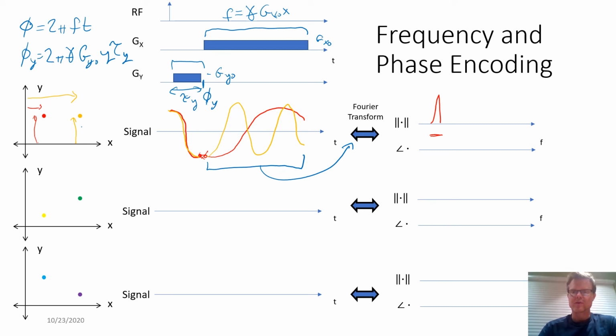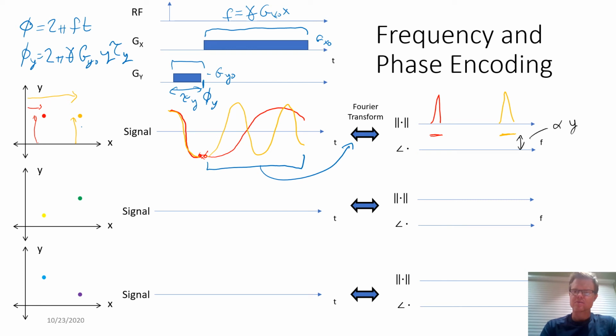So when we take the Fourier transform, it has a higher frequency, but it also has the same phase offset because it has the same y position. So basically these values here are proportional to the y position.